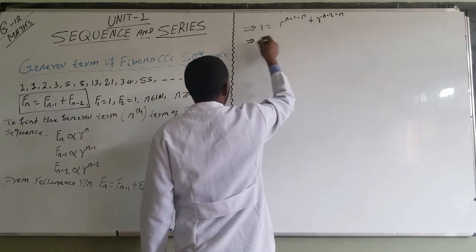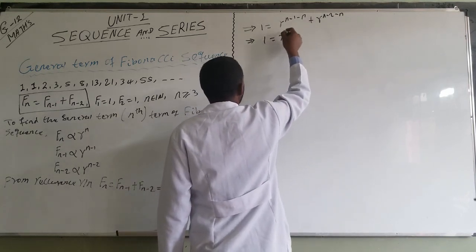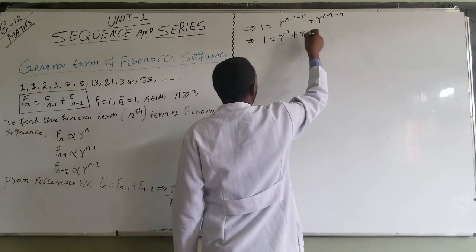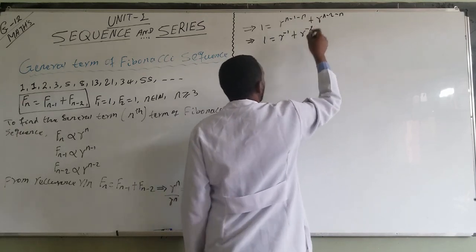Then this becomes 1 is equal to r to the power of minus 1 plus r to the power of minus 2.